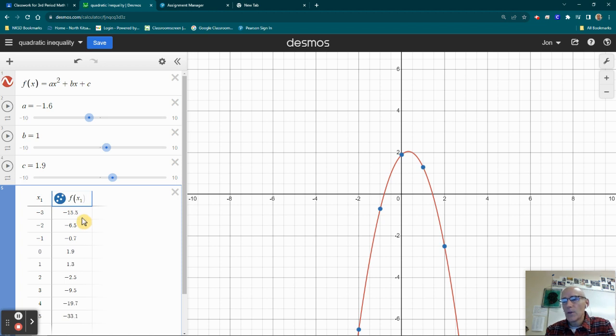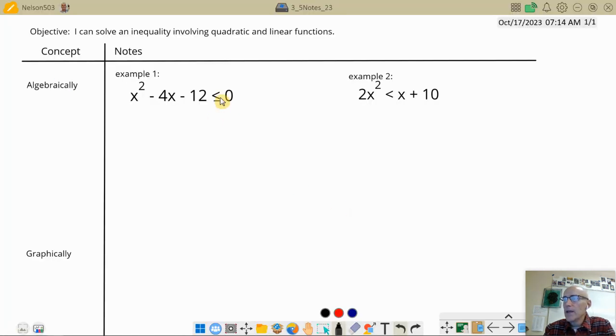You can see some of the y values are negative, some are positive. If we're going to explain to somebody what x values generate negative y values, less than 0, we need to explain all of them.